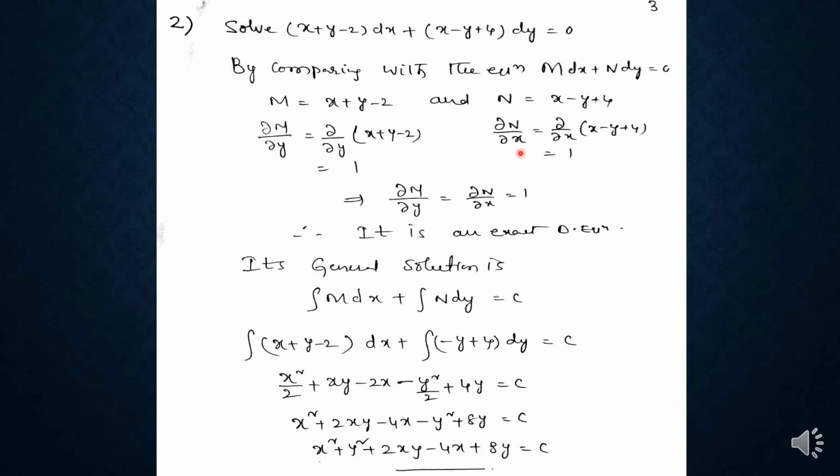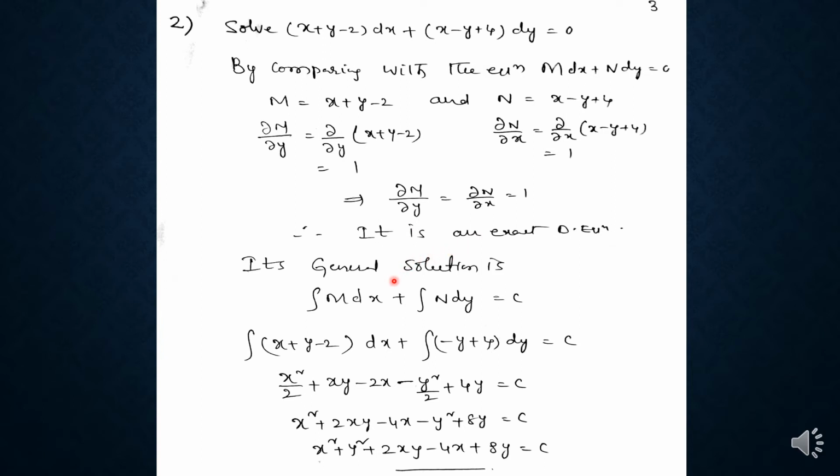So ∂/∂x of x is 1 and ∂/∂x of -y is 0 because y is constant. ∂/∂x of +4 is 0. So here ∂M/∂y is equal to ∂N/∂x is equal to 1. So it is an exact differential equation.